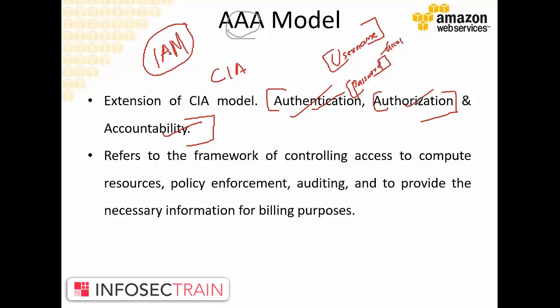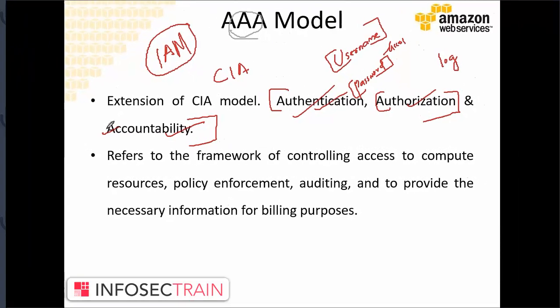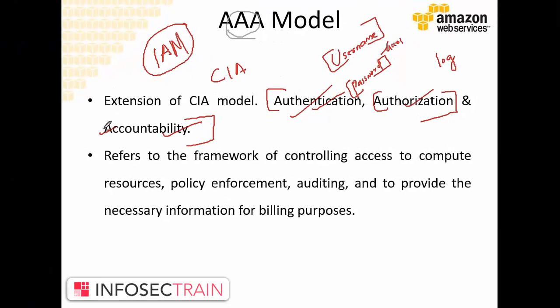And there must be a proper log, a proper traceability, of what all things you do in this AWS account. That is accountability: who is accountable for what, who made this change. Everything must be properly monitored and logged. That is the AAA model.